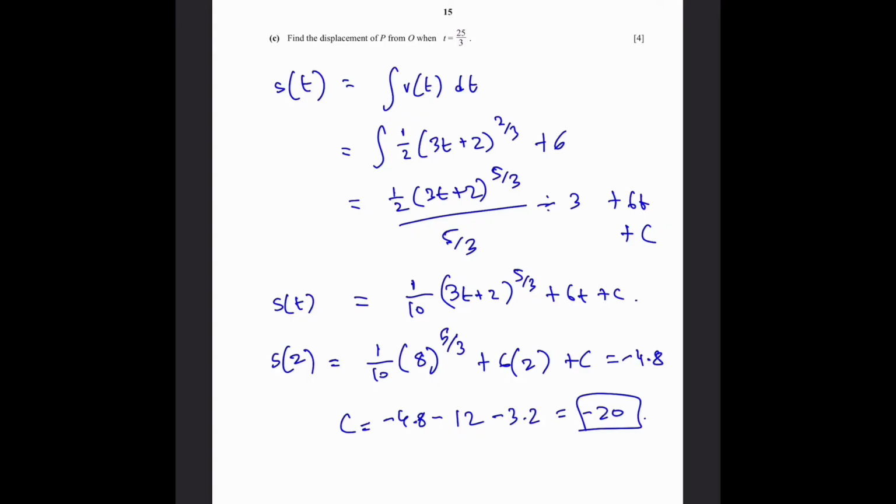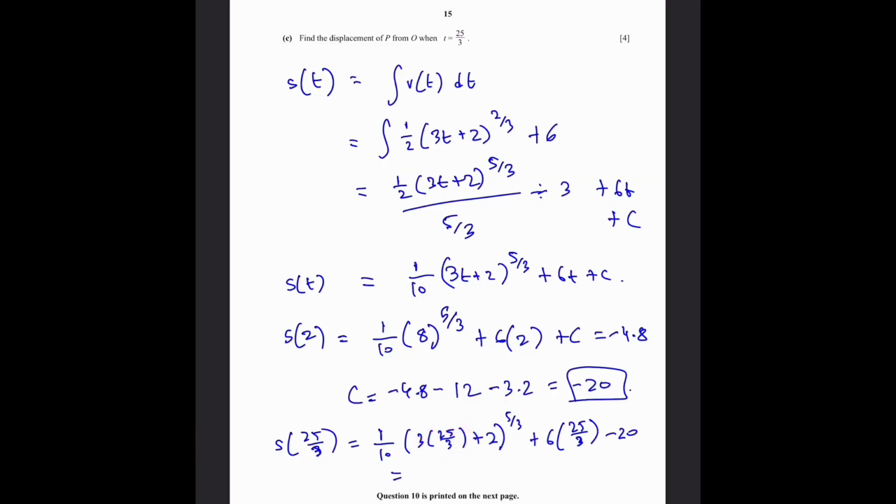Now the displacement when t is equal to 25/3 is just going to be s of 25/3, which is equal to 1/10 times (3 times 25/3 plus 2) whole to the power of 5/3, plus 6 times 25/3, minus 20.